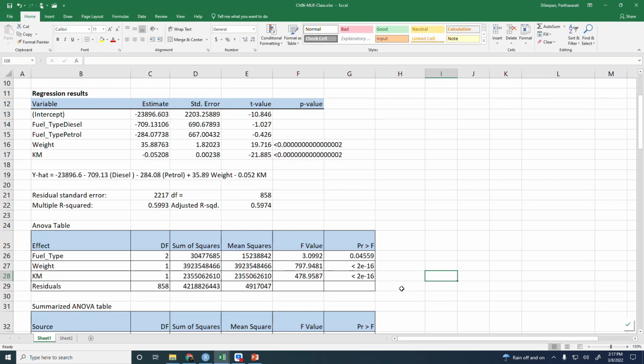So that means, usually the default probability cutoff is 5%. Remember, this is the probability that the coefficients are 0. Okay, it's no good. Okay, it's not making any contribution. That probability here is 4.6%. And the cutoff is 5%. Anything below 5%, you take it as, okay, that's an important variable.